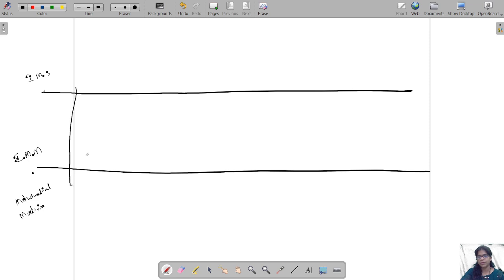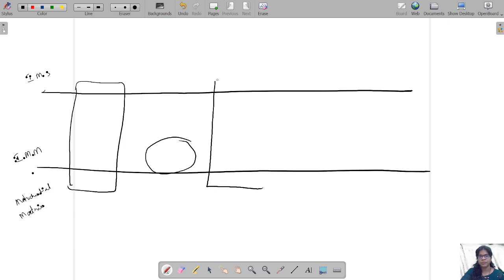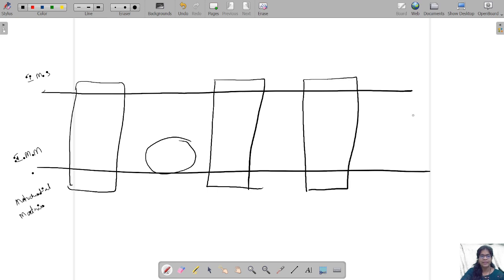This is your first complex, this is your second complex, this is your third, sorry, I'm not good at drawing. And this is your fourth complex, and then comes the main important part, the ATP pump, or you can say ATP synthase.